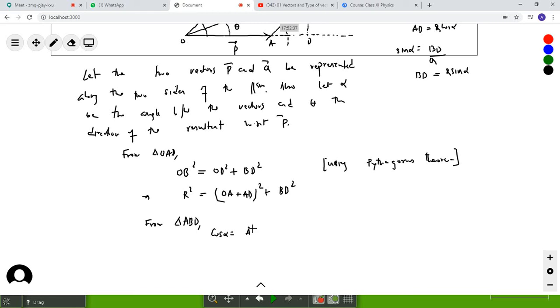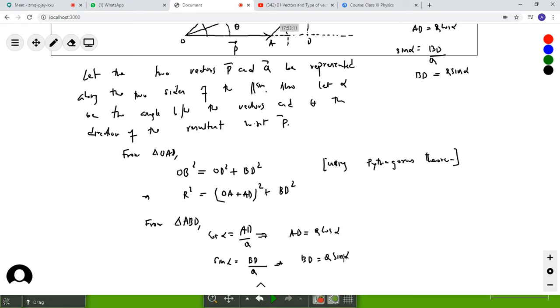So cos alpha equals AD by Q, which implies AD equals Q cos alpha, and sin alpha equals BD by Q, which implies BD equals Q sin alpha.